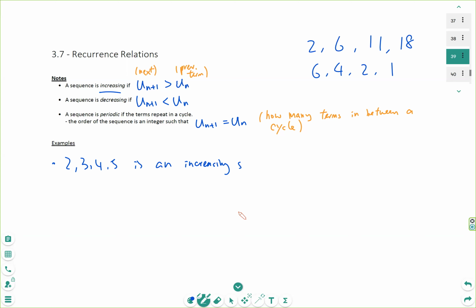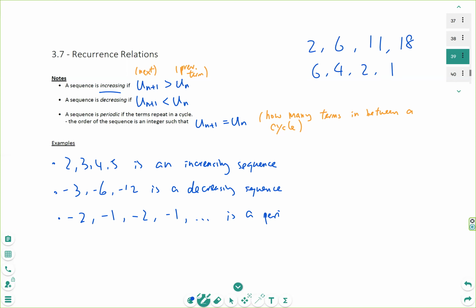Actually, sequence, not series, because we're not adding them together. -3, -6, -12 is a decreasing sequence. -2, -1, -2, -1 is a periodic sequence with order 2.